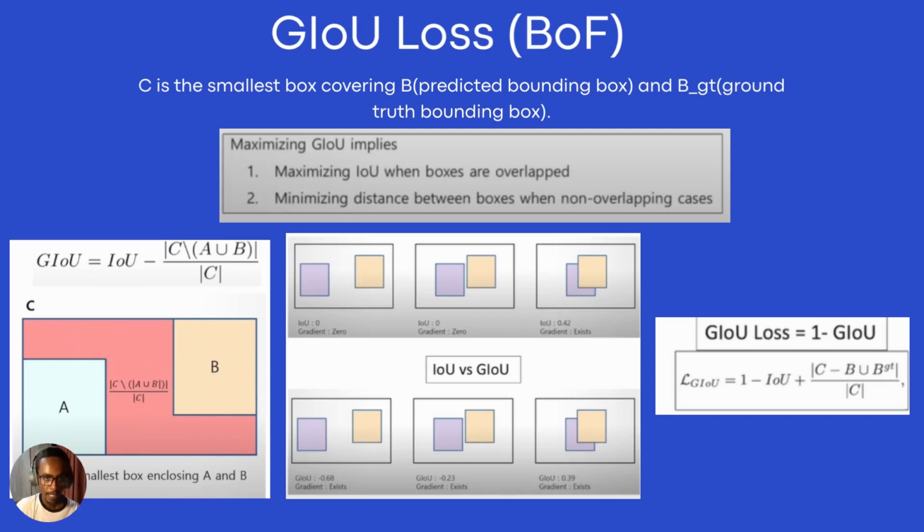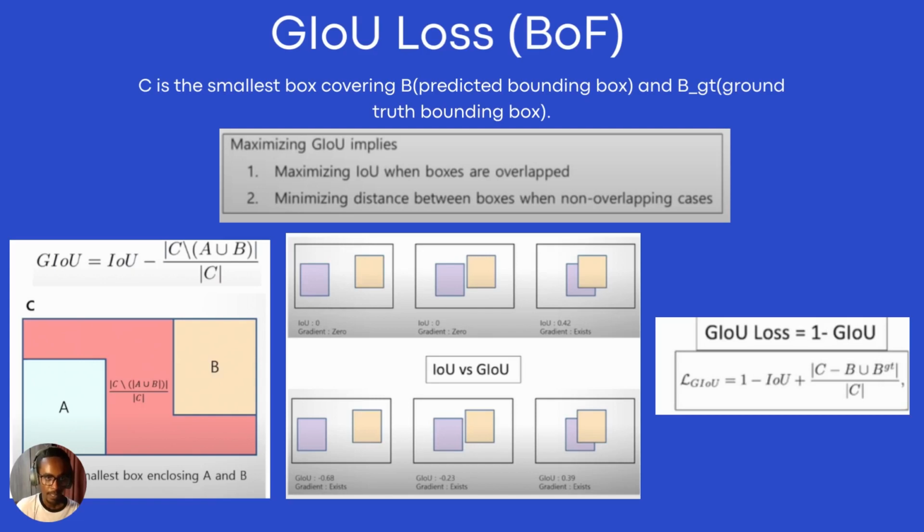And for non-overlapping cases, we need to minimize the distance between the boxes. That means when they are non-overlapping, the IOU would be 0. The only term left will be the area between the two boxes, and we need to minimize it because it's negative.